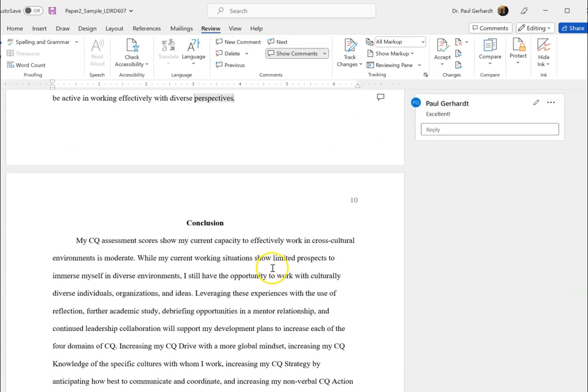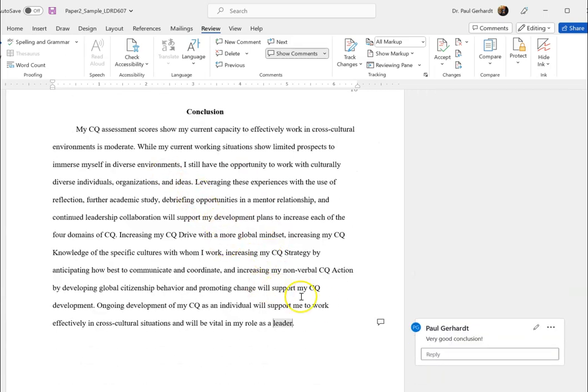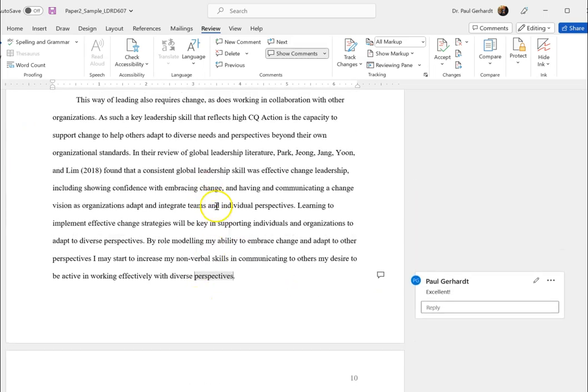Then finally, with your conclusion, remember, if someone were just to read the conclusion, they should have a good idea about what your whole paper was about. So be a little more in depth about expounding on what your paper really was about, and make sure that your level 1 heading that says conclusion is bold and centered, not left justified, and your paragraph is indented, and it's essentially connected.